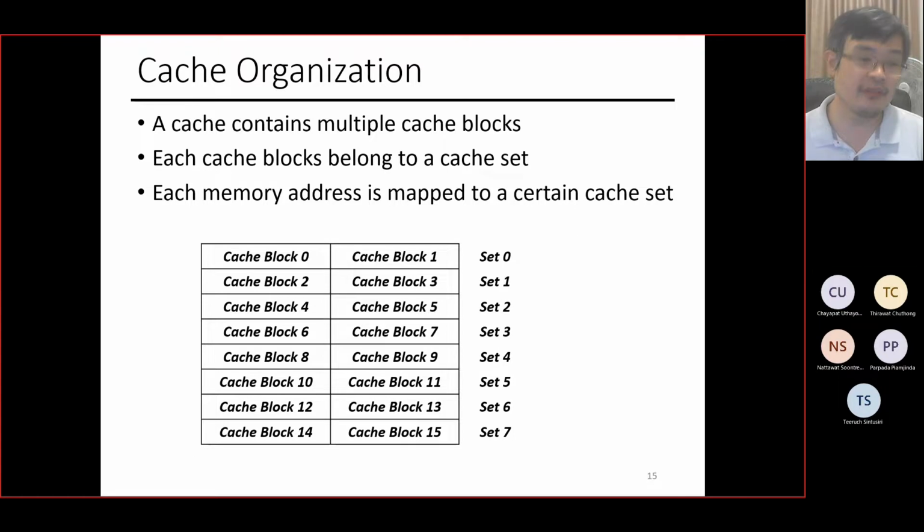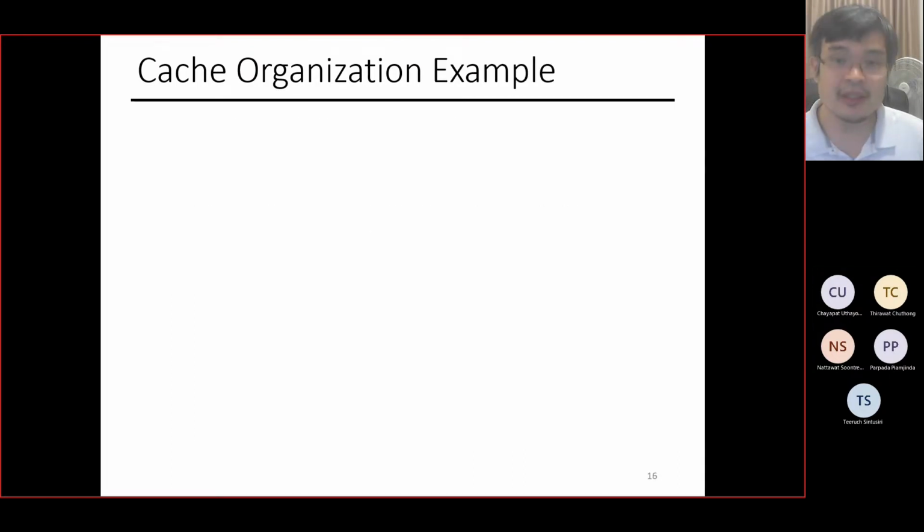So if I have an address that accesses one of these blocks, like block 4, I will know from my address that I have to go to set number 2. And then from there, I search: is that block 4? Is that block 4? Until you find block 4 or until you search every block in the set and it's not there. Then you go to the next level.